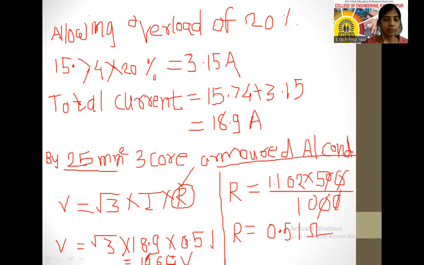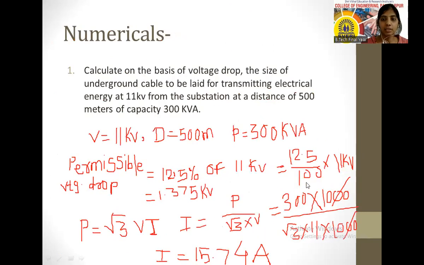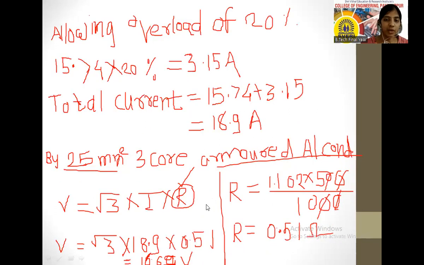Okay, now we have to check, is that voltage drop falling within the permissible limit? That voltage drop is below 1.375 kilovolt. So that's why we don't have a problem selecting the cable that we selected by referring to the table. We have selected the 25 mm square 3-core armored aluminum conductor. So we can select this conductor because this voltage drop is falling within the permissible limit.